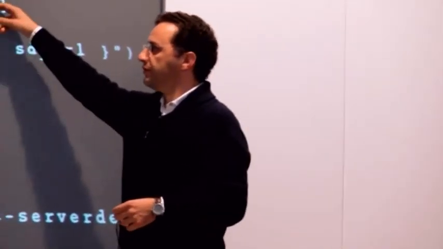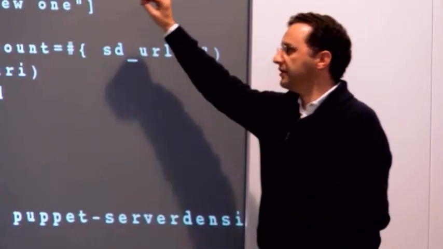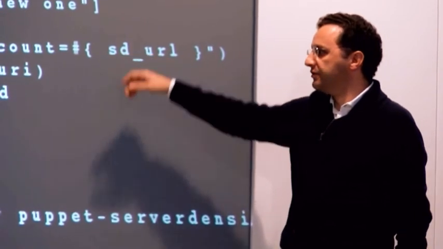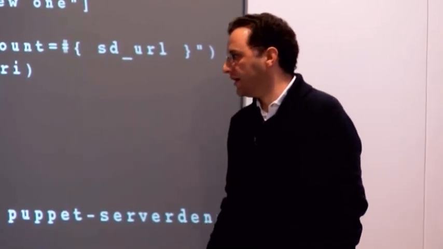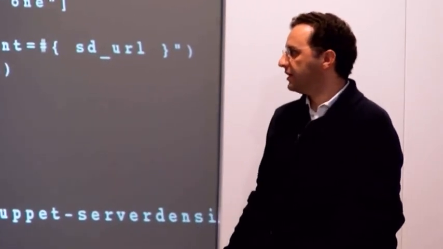The device was not found, so it's automatically creating a new one and then retrieving the agent key from the device created. With devices on Server Density, you can have nodes, and in this case we had a node that was created automatically by our module, so that you can tell them apart eventually if you want.